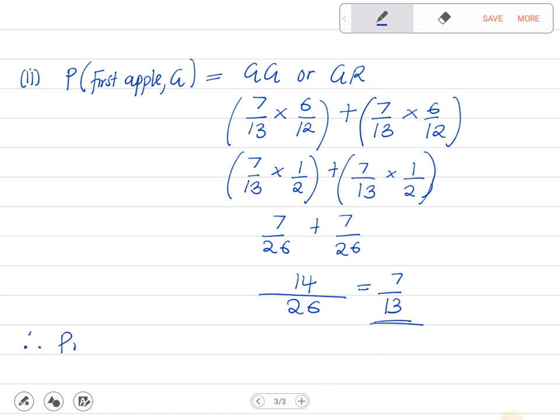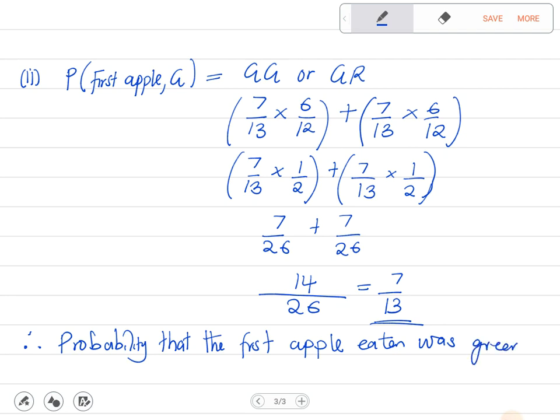Therefore, the probability that the first apple eaten was green is 7 over 13. And you are done.